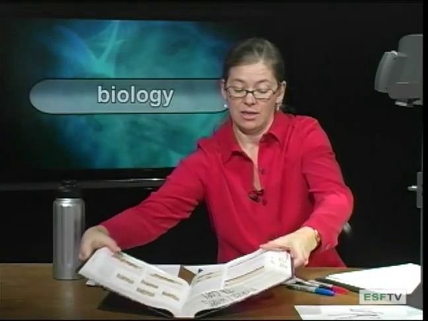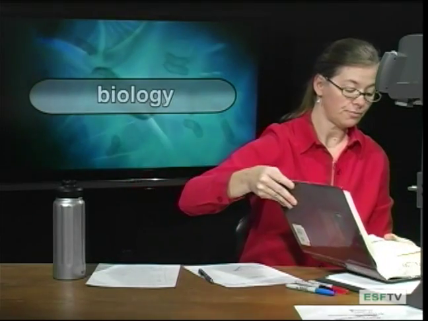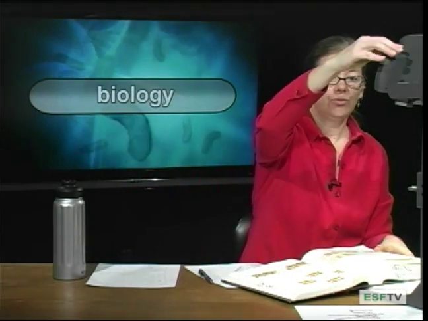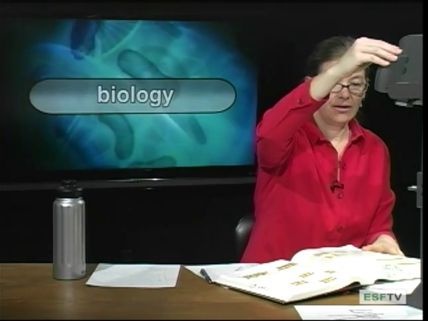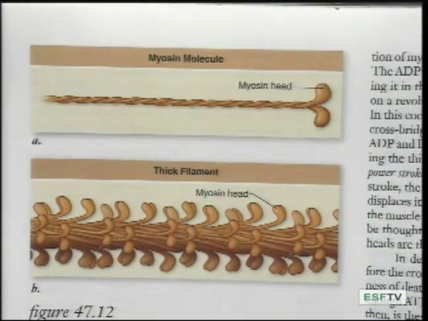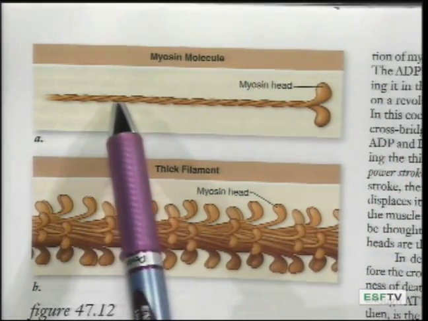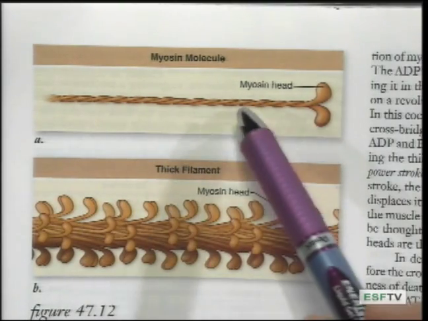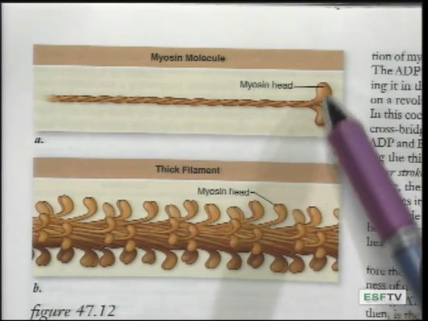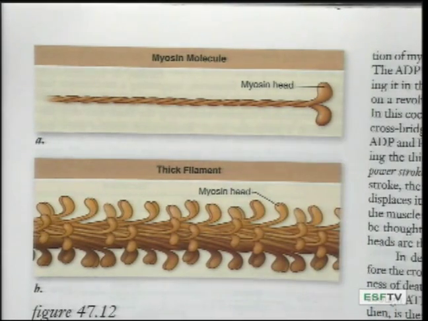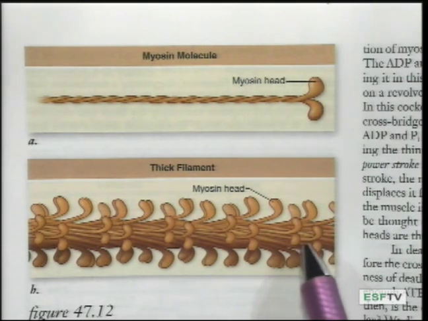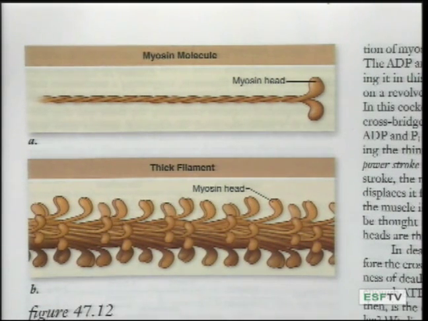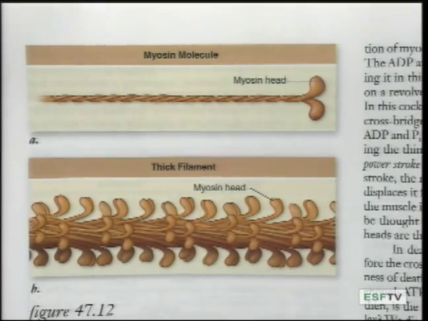So let's look at what these look like in the book. So we'll zoom in on this myosin head. So a much better depiction than what I can draw. So here's two of these molecules kind of wound together, and here's the myosin heads. And here's what a thick filament of many myosin molecules held together looks like. Okay, so that's the myosin molecule.